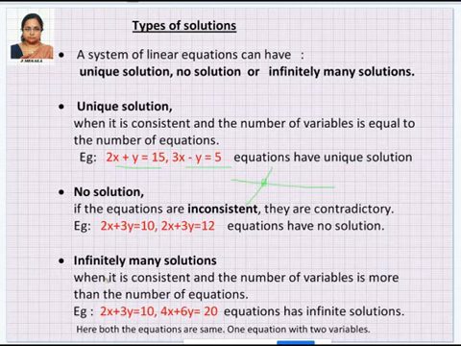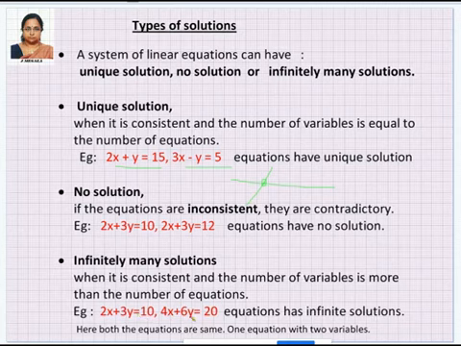The next is infinitely many solutions. You get infinitely many solutions when it is consistent, of course, but you get infinitely many solutions only when you have the same equation. So you can see that these two equations are not different equations, they are the same one. See, 2x plus 3y equals 10, and 4x plus 6y equals 20, it's nothing but when you multiply the first equation by 2, you get the second one.